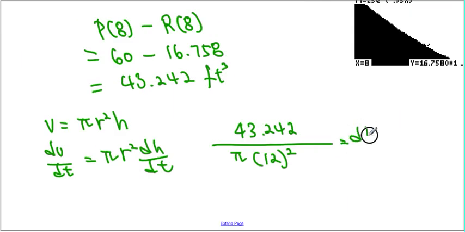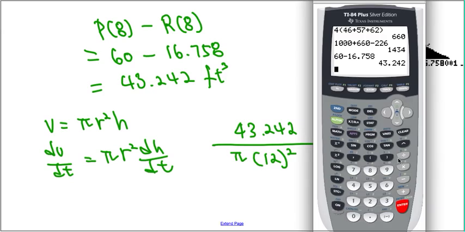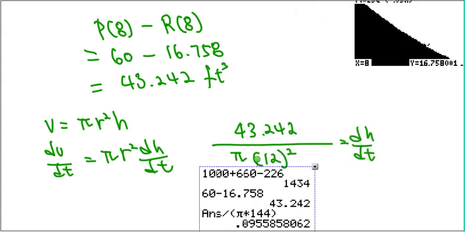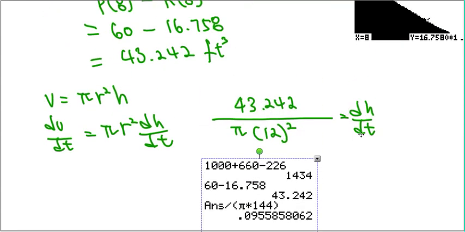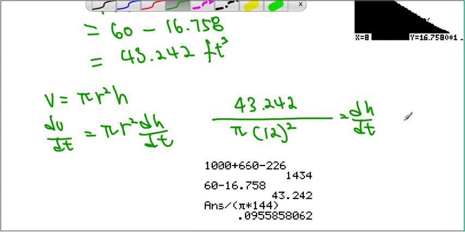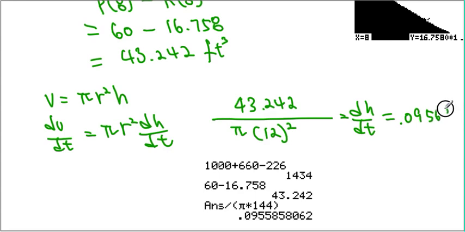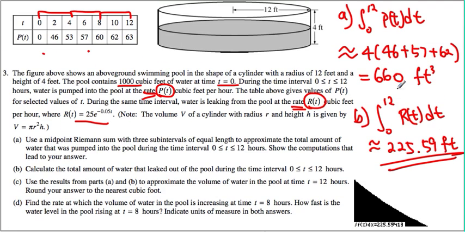That must be equal to dH dt. Let us calculate this one. So we have divide by pi times 144, which is 12 squared. Then that's what we end up getting. So therefore, dH dt would have been equal to 0.0956 feet per hour. And that's basically what's happening.